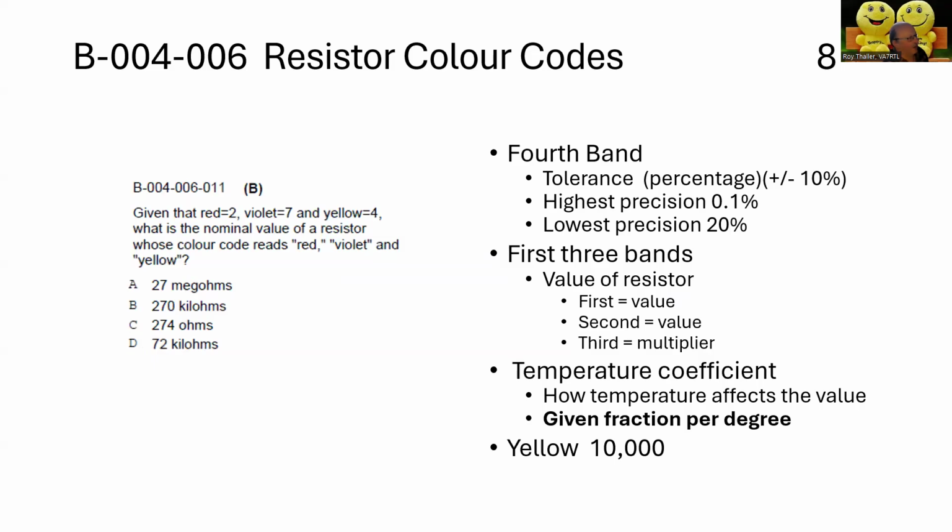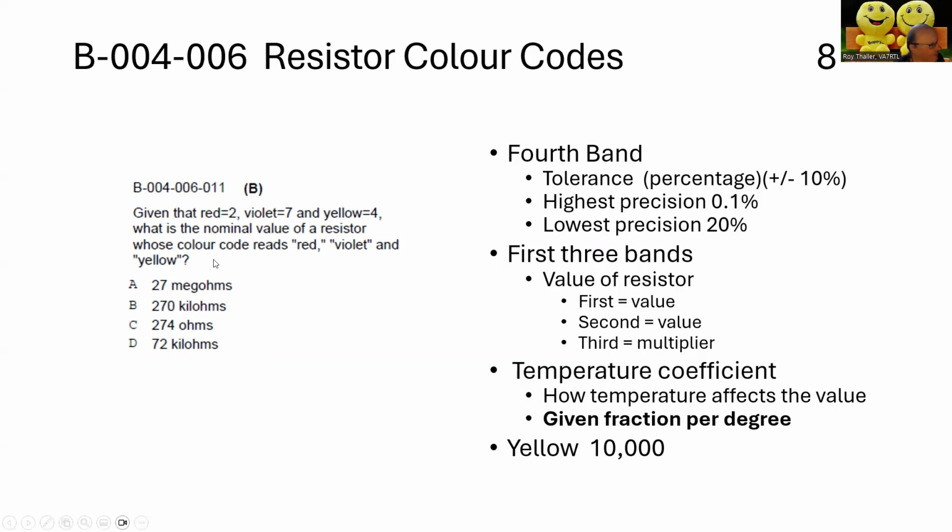Given that red is 2, violet is 7, and yellow is 4, what is the nominal value of a resistor whose color code reads red, violet, and yellow?